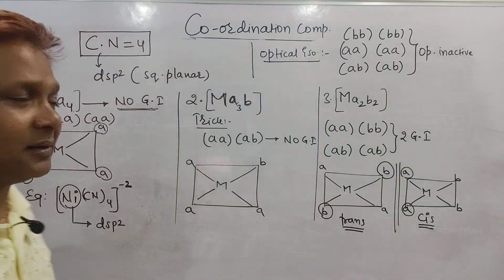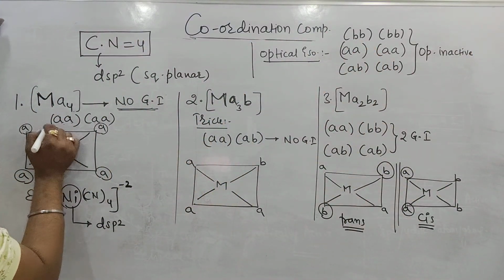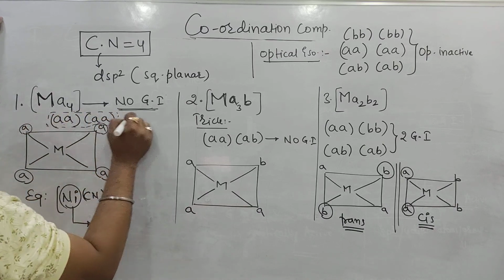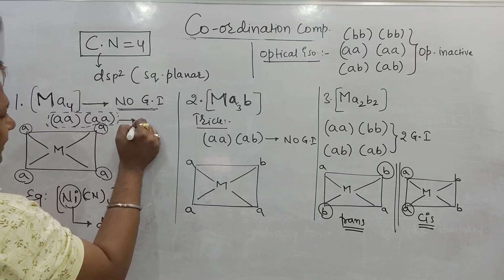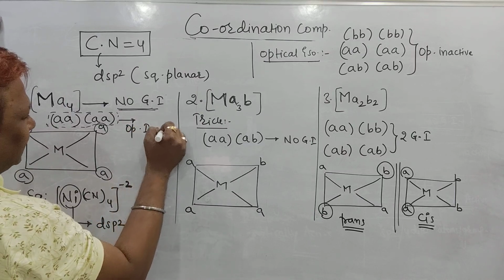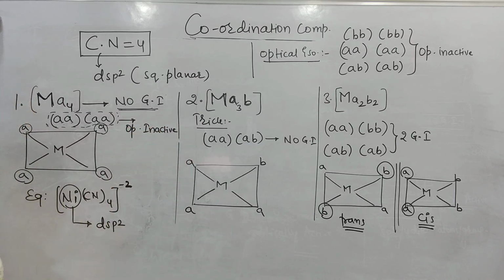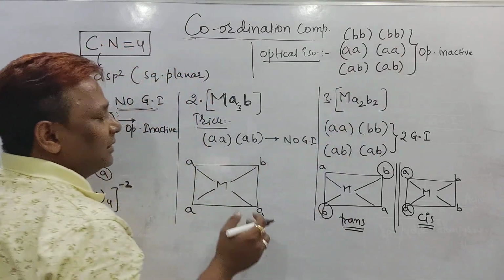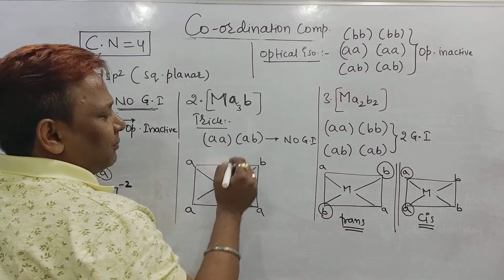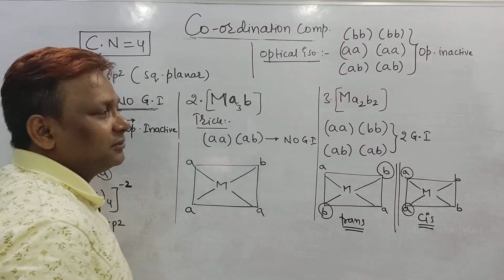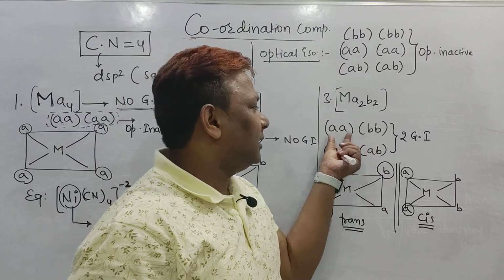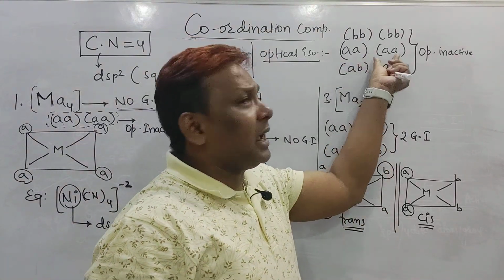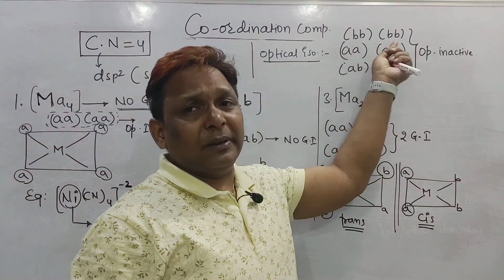Let's check the example here. In this one, are you having AA pairing? Yes, sir. And because of this AA pairing, I can say this compound is optically inactive. But in this case also check it here. AA and AB, we don't have this kind of pairing. I will say, sir, this compound is optically active. But in this case, check it here. I am having AA and BB, but I don't have a repeated AA pair or a repeated BB pair.